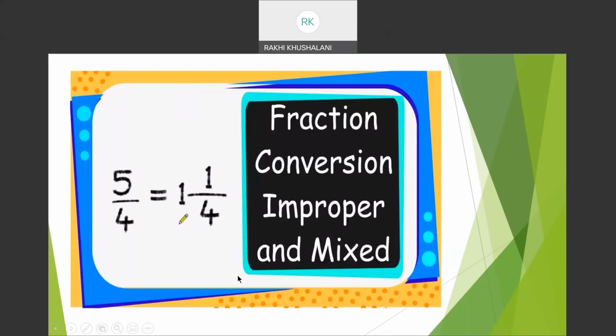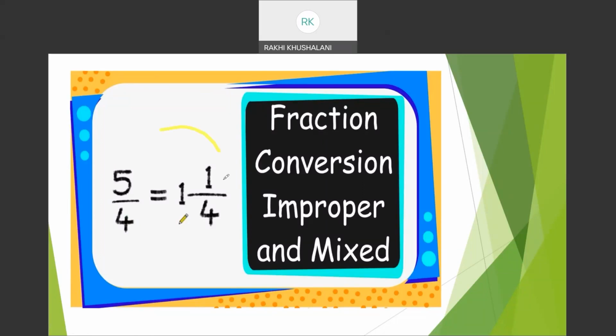A fraction conversion, improper and mixed. 5 by 4. It's an improper fraction because the numerator is bigger than the denominator. And 5 1/4 is a mixed fraction, but they both represent the same value.